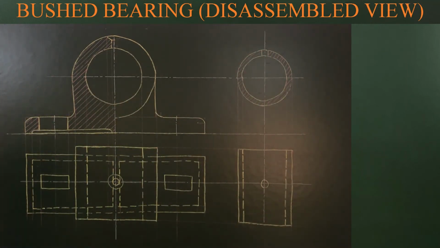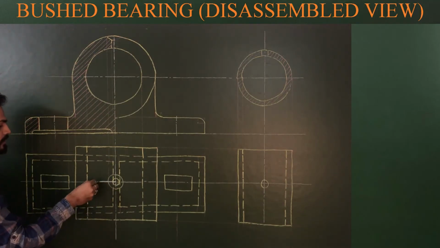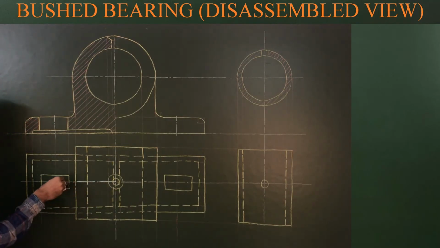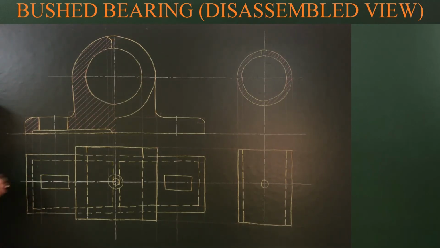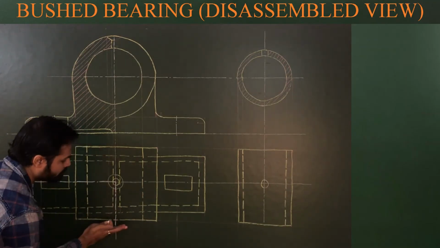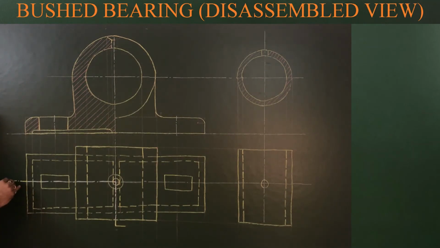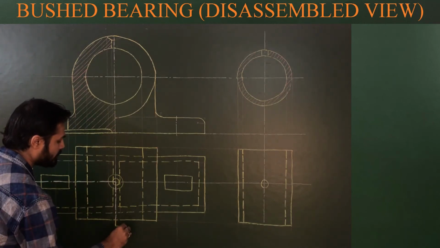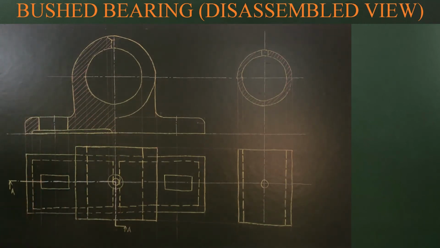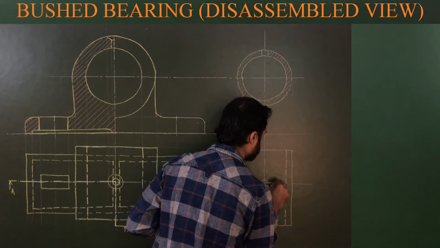Next, representation of the sectional view for the body, left half in section. So from this point, left half in section, and right, AA, like this. And for the bush, full in section. Full in section means full sectional view.